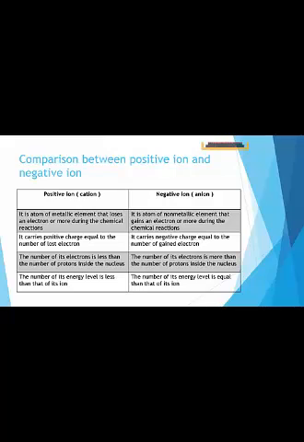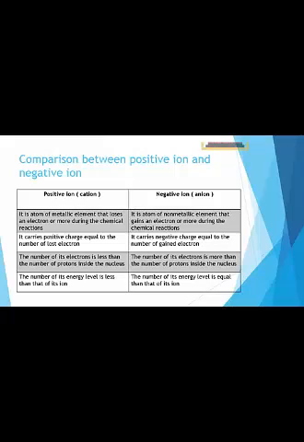A positive ion carries a positive charge equal to the number of electrons lost during the chemical reaction, but the negative ion carries a negative charge equal to the number of electrons gained. Number 3, in a positive ion, the number of its electrons is less than the number of its protons inside the nucleus.